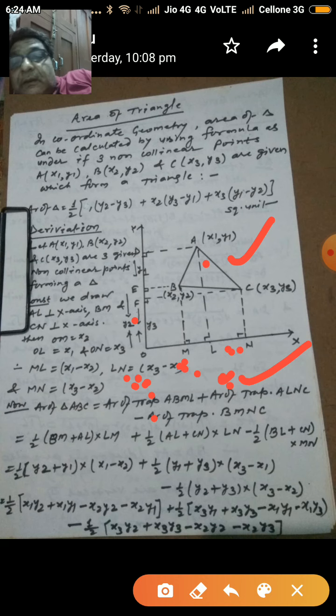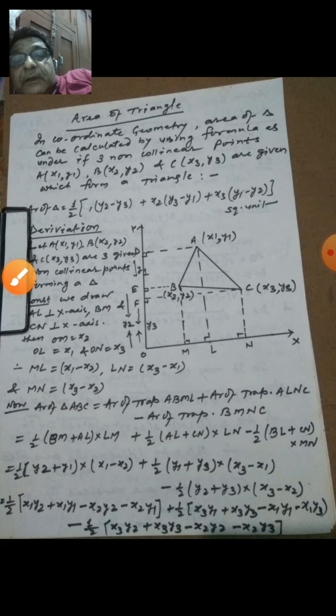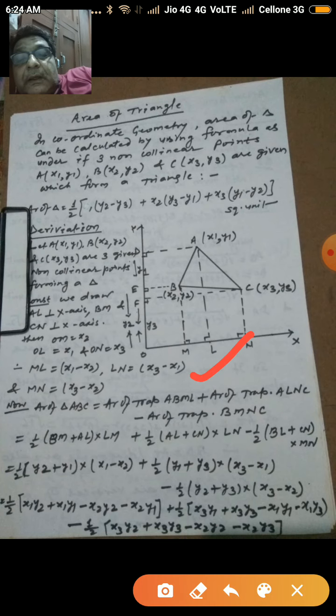Now from these data we can calculate the distance between the two points M and L, that is ML, as we have obtained here. ML will be equal to x1 minus x2. Similarly for LN it is x3 minus x1, and MN is x3 minus x2.